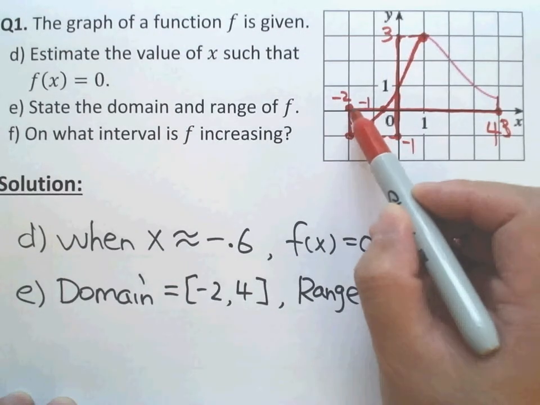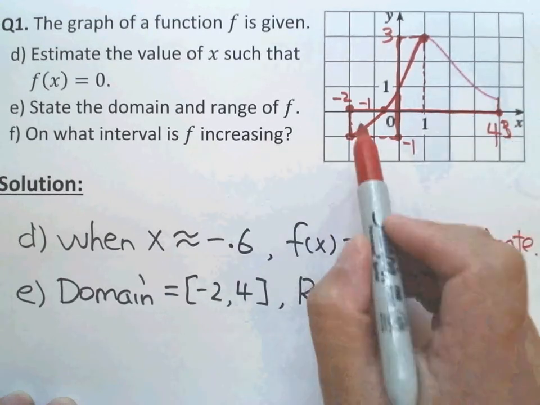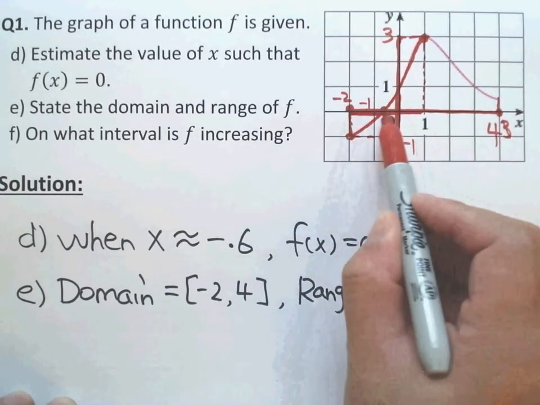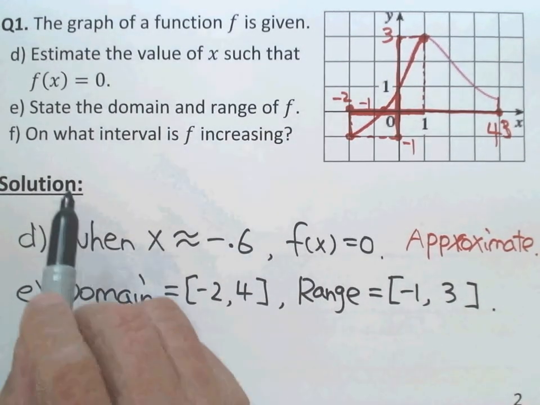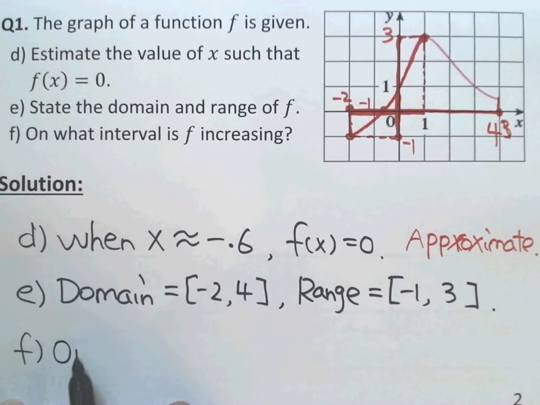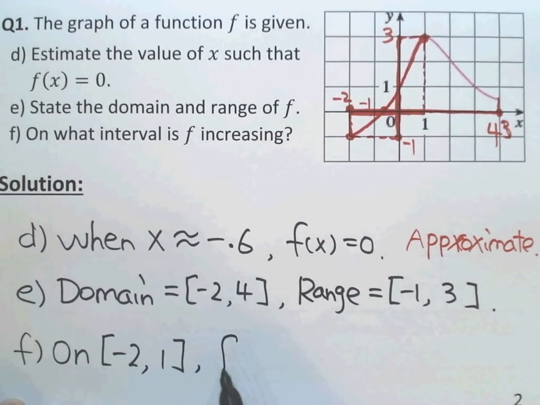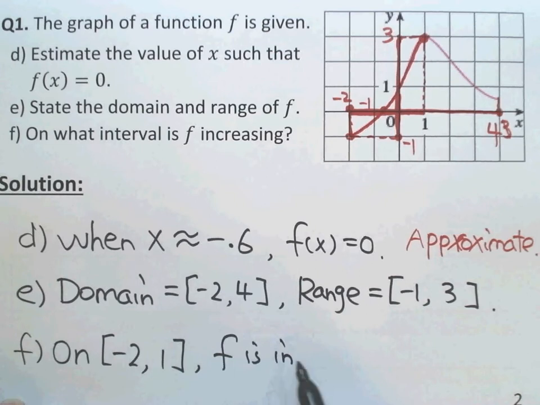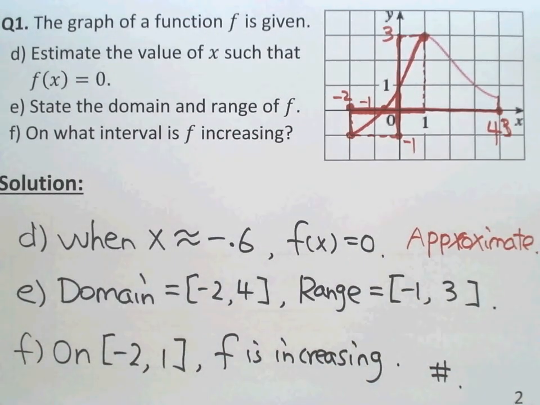For x from -2 to 1, the function increases. So we say on the interval -2 to 1, the function f is increasing. Okay, that's the question. Thank you.